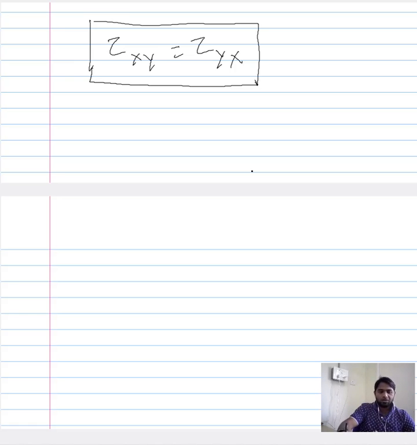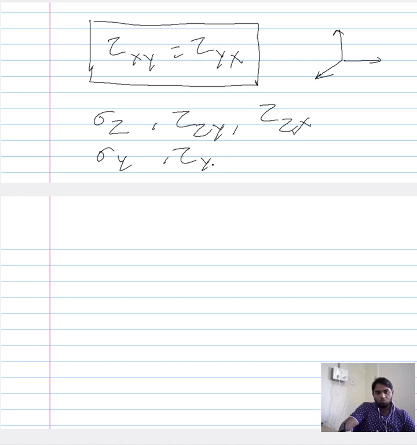So if you try to write that, it would be sigma z, again for a frame of reference, something like this. Sigma z, tau zx, sigma y, tau yz and tau yx, sigma x, tau xz and tau xy.